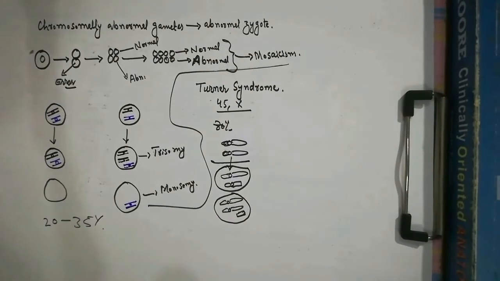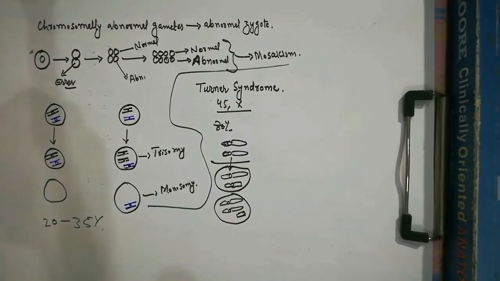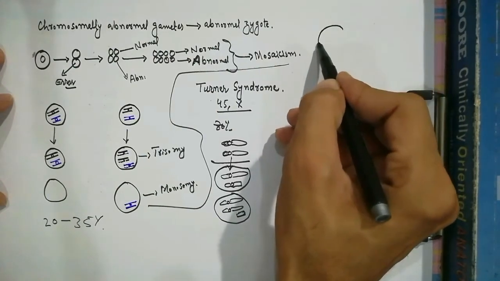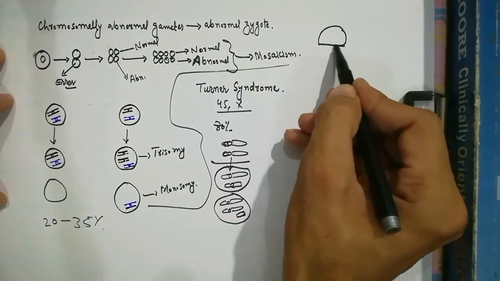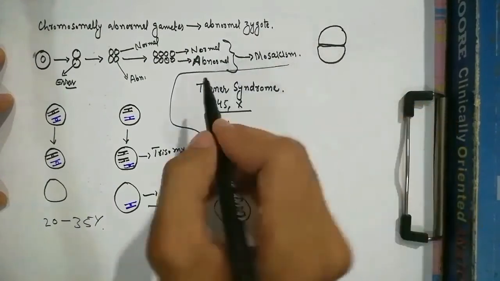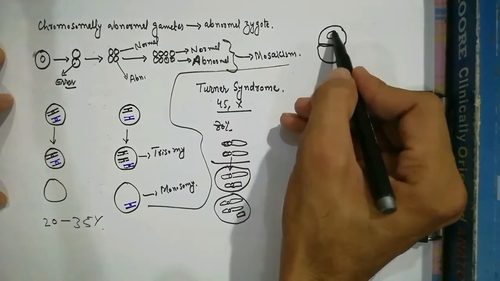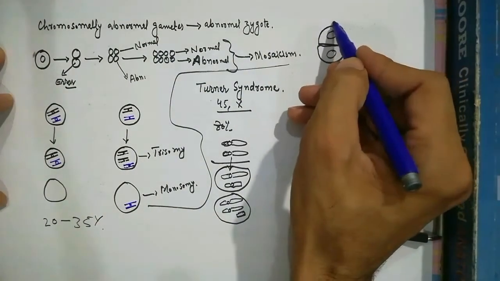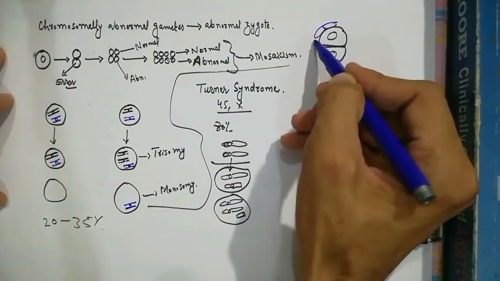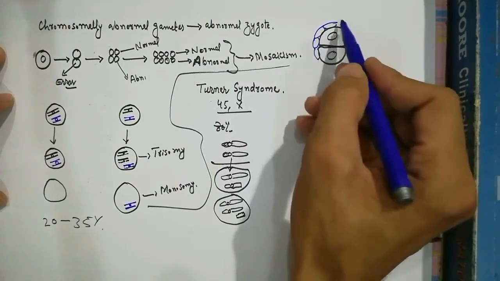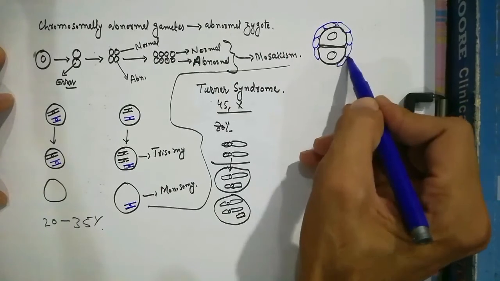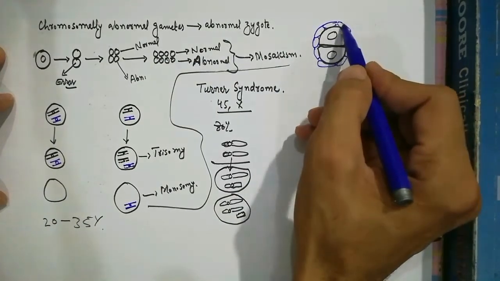Sometimes a single primordial follicle contains two or more primary oocytes. Suppose these are two primary oocytes present in a single primordial follicle, surrounded by follicular epithelial cells.